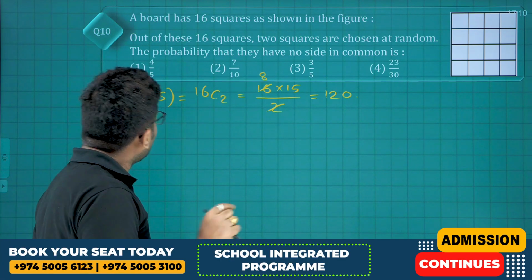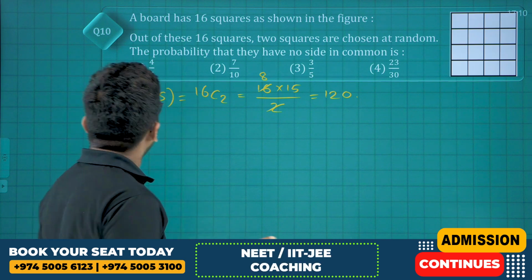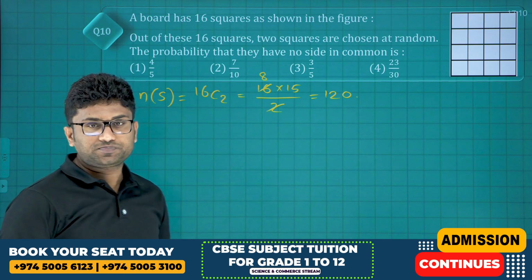Now, out of these 16 squares, 2 squares are chosen at random. We need the probability that they have no side in common.